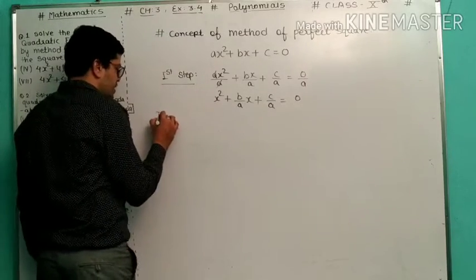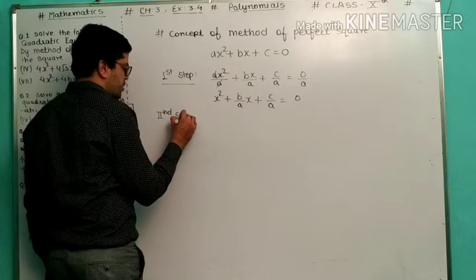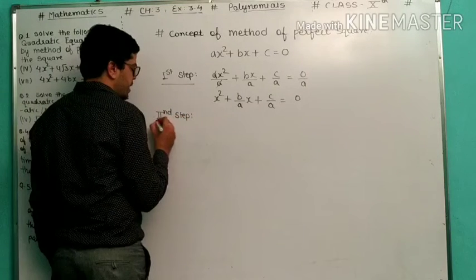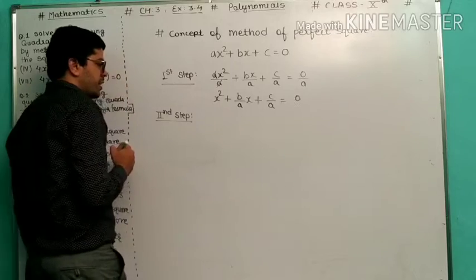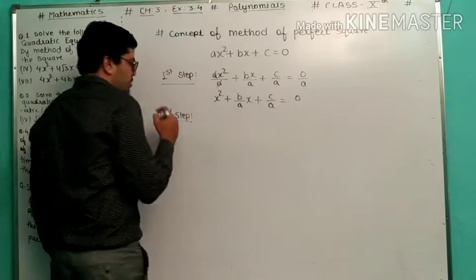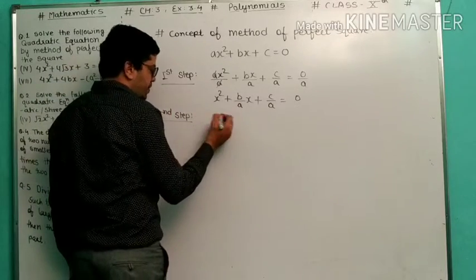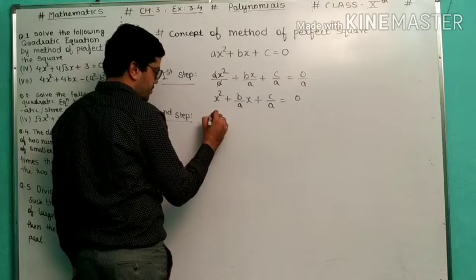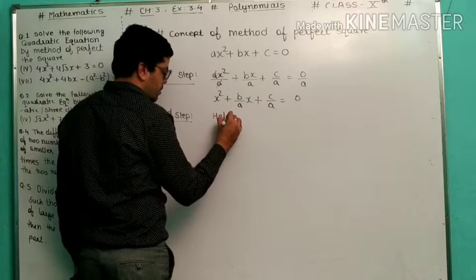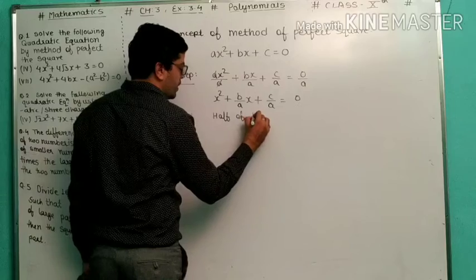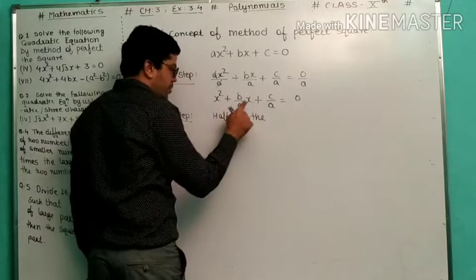Now the second step. What are the things we are going to consider in the second step? In the second step we have to take half of the multiple of x.